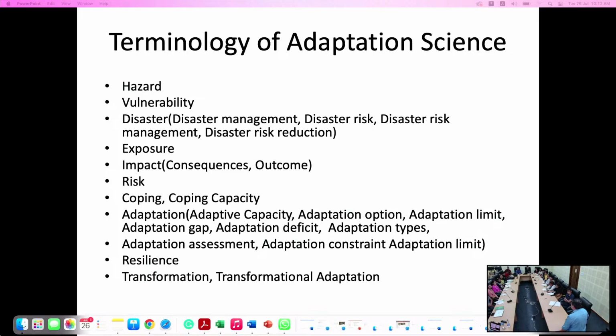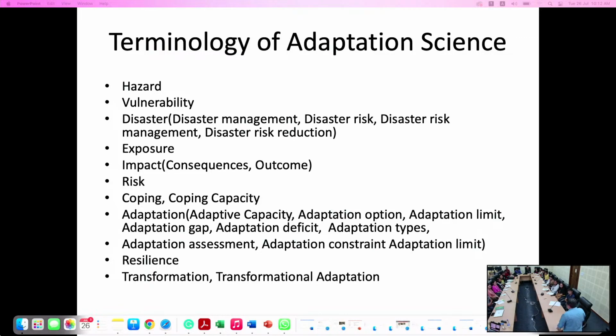Then somebody will say in the newspaper you will get, oh, it was so hazardous, it was a big hazard. Then if you are listening attentively, you will be confused. Somebody said it is a disaster, somebody said it is a hazard, what is this, right?